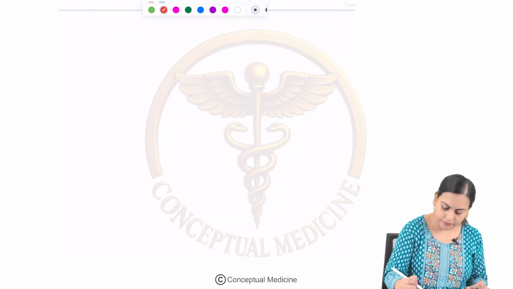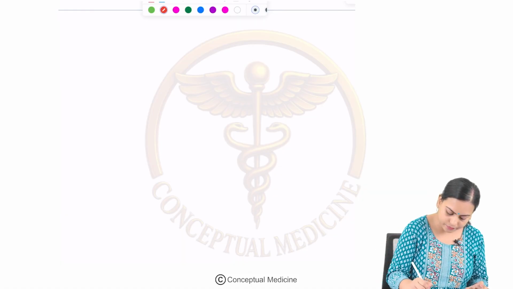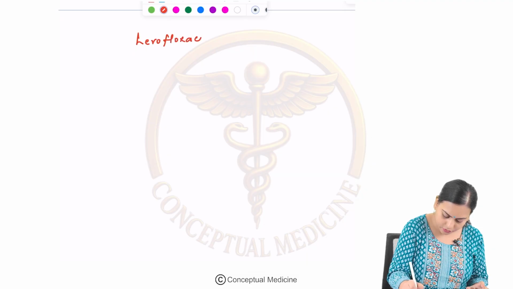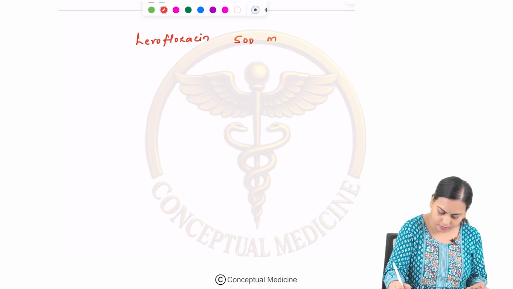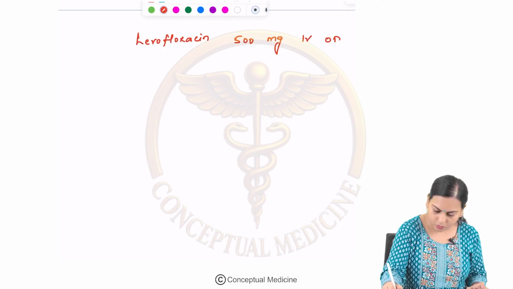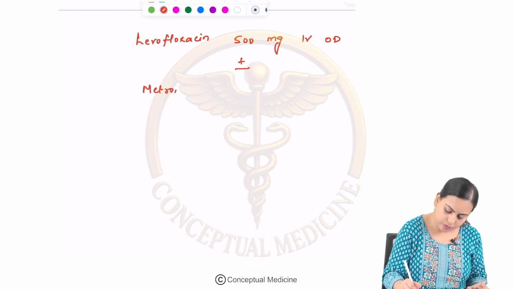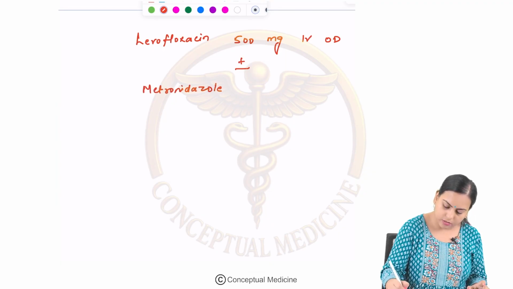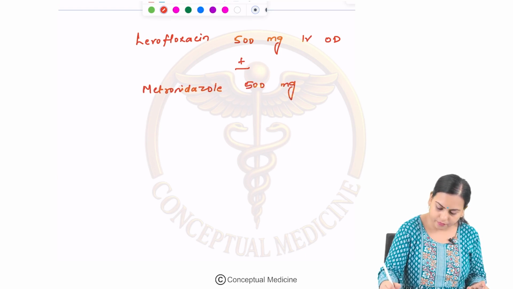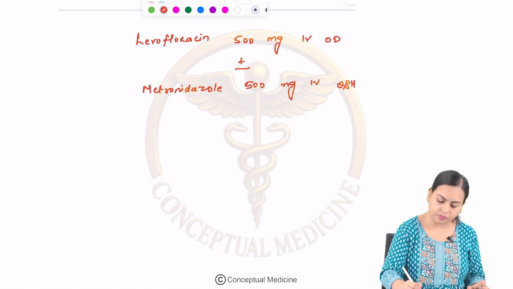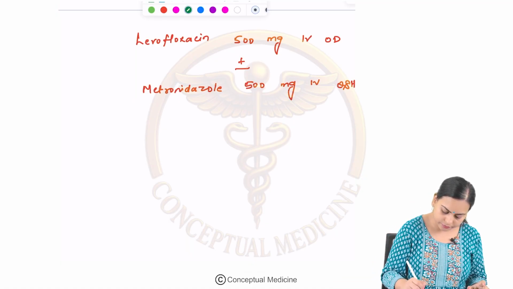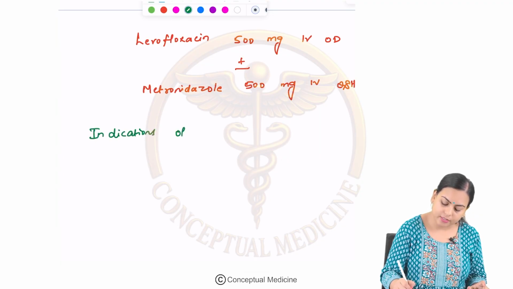Then we also have an alternative regimen, that is containing levofloxacin 500 milligram IV once daily with or without metronidazole 500 milligram IV every 8th hourly. Clear? Right. So, what are the indications of surgery now?